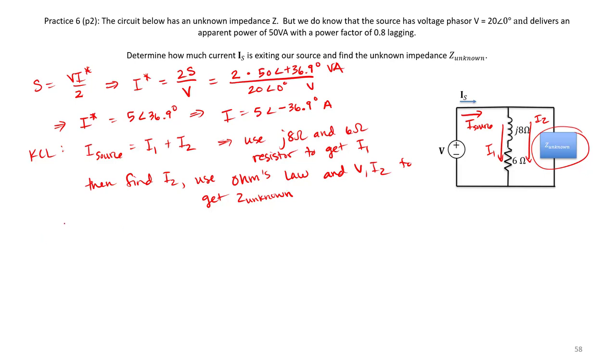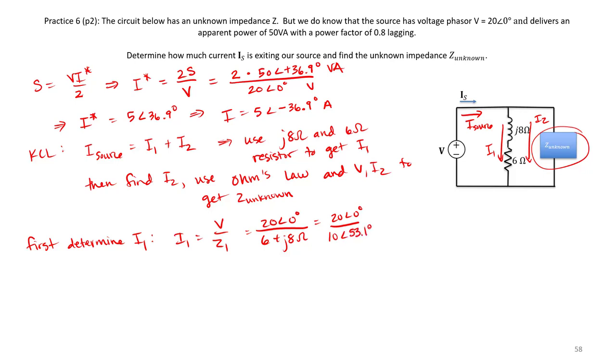So let's first determine I1. We know that I1 is equal to V over the impedance across that path, which will be 20 angle 0 degrees, divided by 6 plus j8 ohms. If we convert to polar form, that gives us 20 angle 0 degrees divided by 10 angle 53.1 degrees.